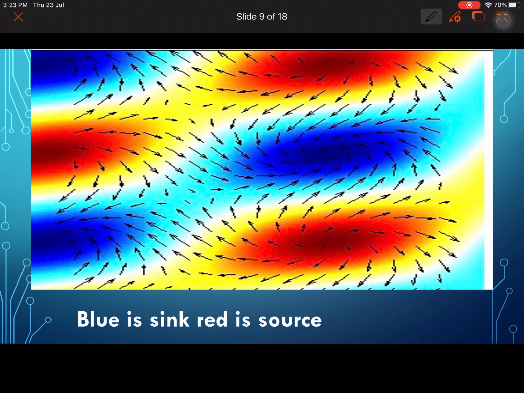When you compare this with the red color area, the field lines are moving away in this direction, in whatever direction you are seeing.